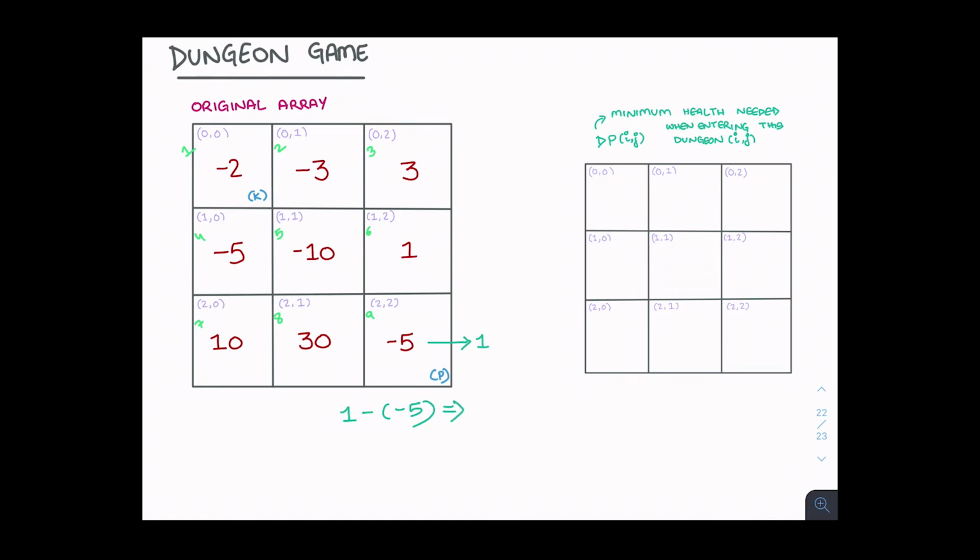In this case, it will be 1 minus -5. That makes up to be 6. This means that if we enter this room 9 with the initial health as 6, after the fight with the demon, we'll be left with the target health that is 1.